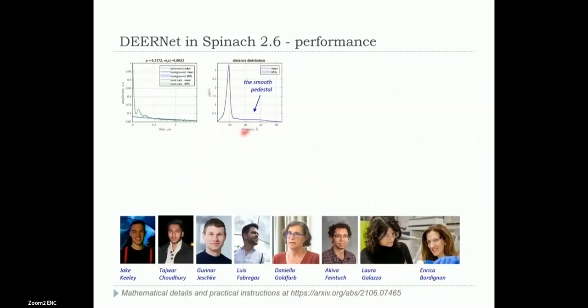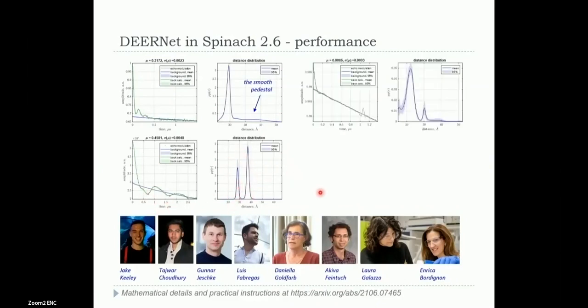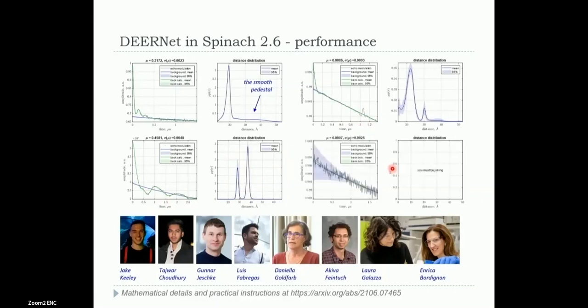Tikhonov regularization wouldn't have been able to, fundamentally. All the multimodal distance distributions are processed correctly. Various artifacts are correctly detected and ignored by the neural network. And even when you give it data sets that don't have any information in them, you can train a neural network to recognize those situations and refuse to process such data.